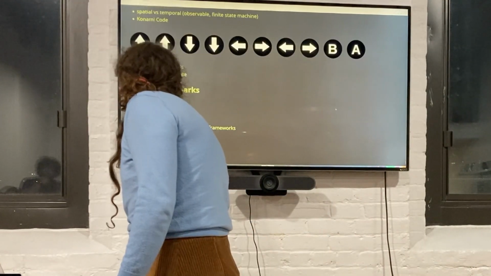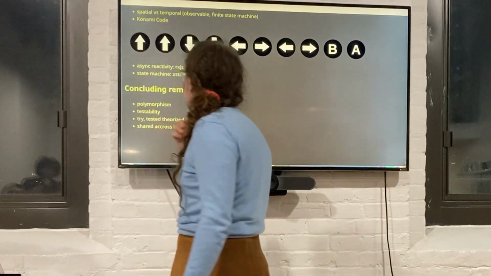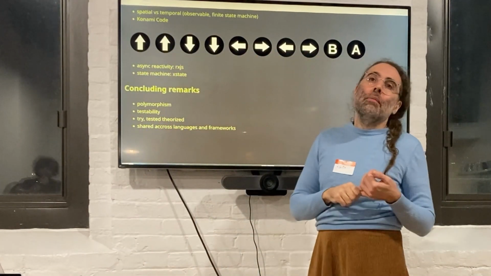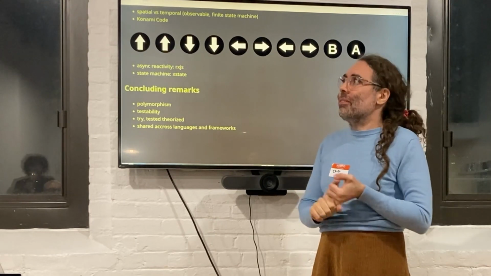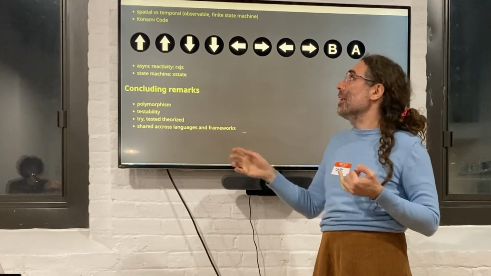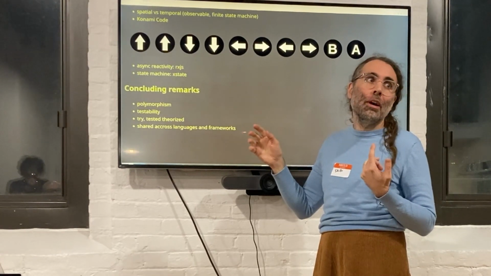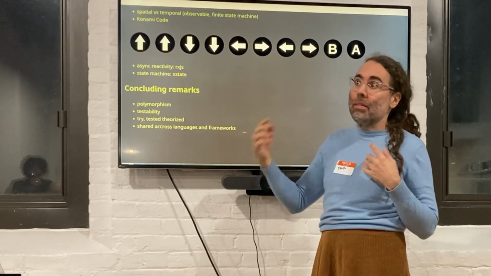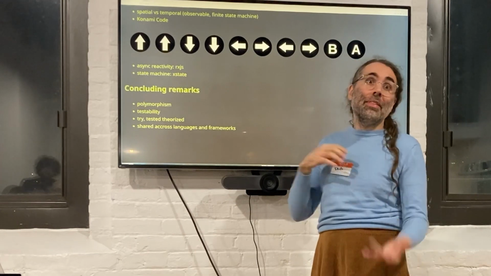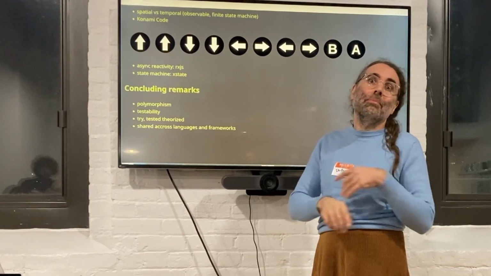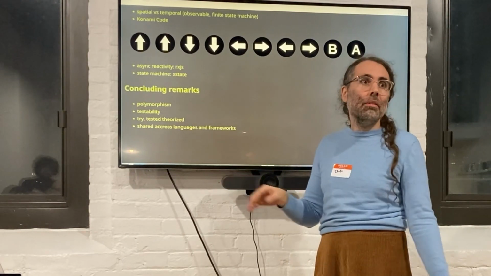And yeah, concluding remark. What I really like about lenses, first, it's tried and tested and theorized. I'm definitely not making this up. There's been lots of reflection and experimentation. You have similar lens libraries in all languages you can think of.